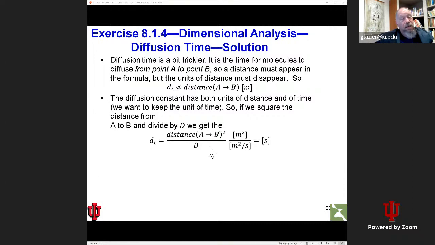You'll run into something called allometric scaling, which is I make a measurement in a mouse, and I want to try to guess what that means for a human being. And I notice that the mouse is smaller than a human being.